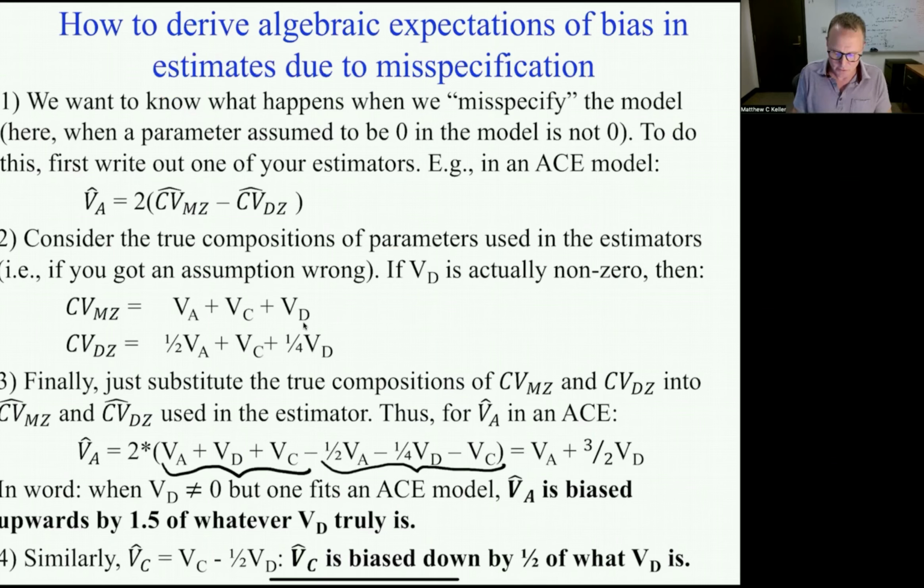And if you do that, what you'll see is that your estimator of VA is actually made up of VA, which is good, plus 3 halves of whatever VD is. So in words, whenever VD is 0, but one fits an ACE model, VA hat is biased upwards by 1.5 of whatever VD truly is.